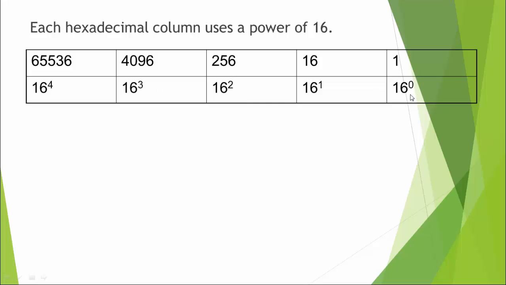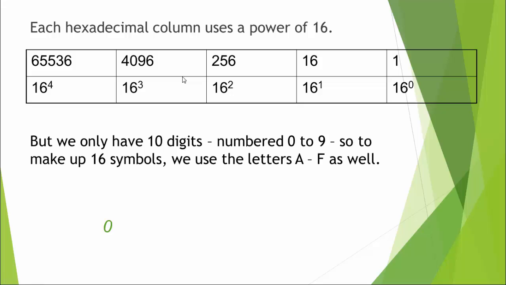In hexadecimal, it's 16 to the 0. In other words, our rightmost digit is the 1s. The second rightmost digit is the 16s, then the 256s, etc. Otherwise, this table is identical to the other ones we've seen so far.